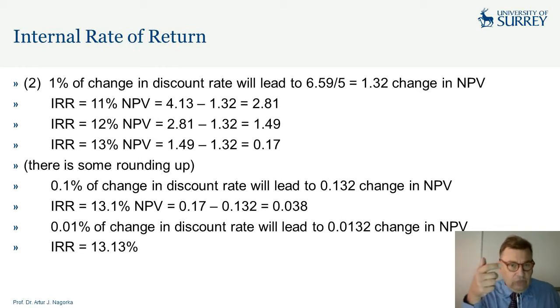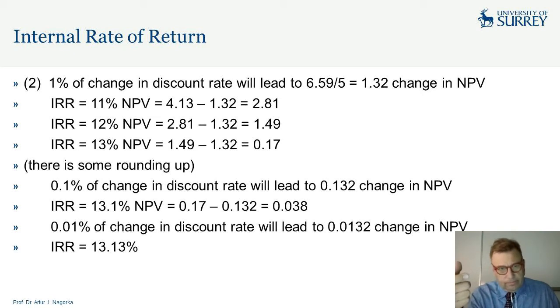So we might go step by step, deducting. At 10% we have this 4.13 euro. To arrive at 11%, we subtract this 1.32 that corresponded to 1 percentage point.